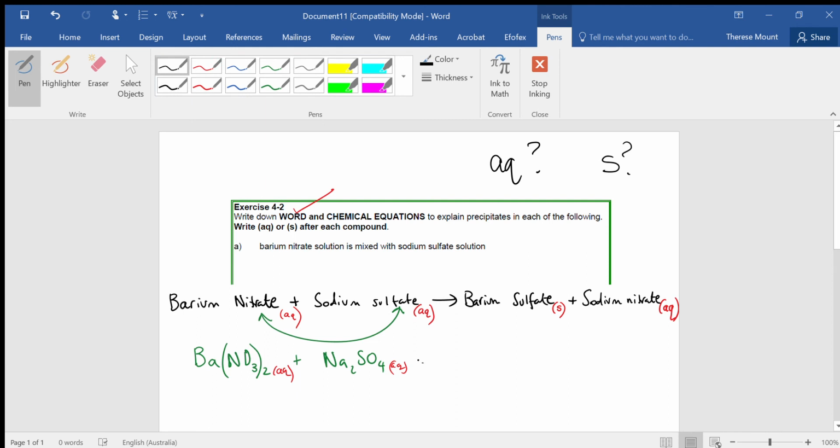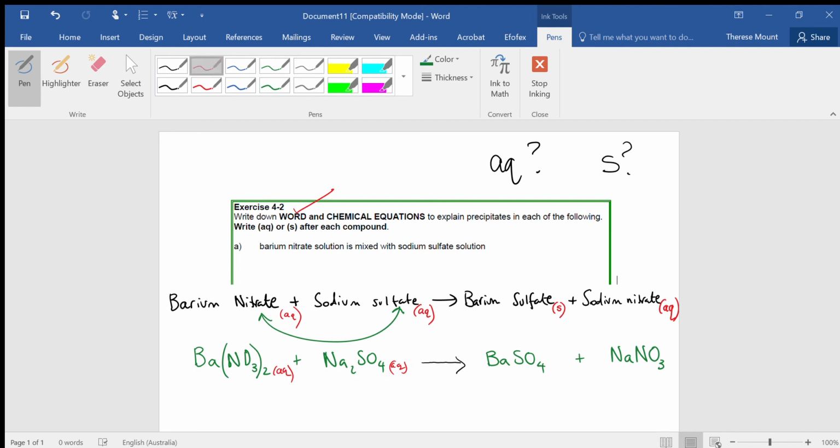Now this arrow here shows the reaction, and I've swapped my second parts of my salts here. So barium sulfate I need to write the formula for. Barium sulfate is BaSO4 and sodium nitrate is NaNO3.